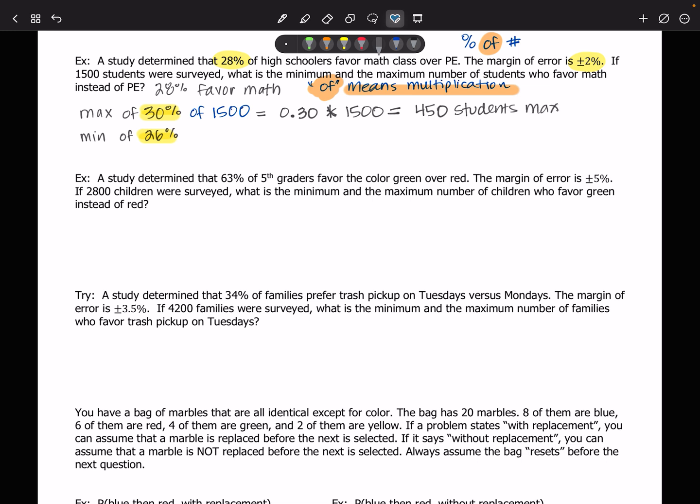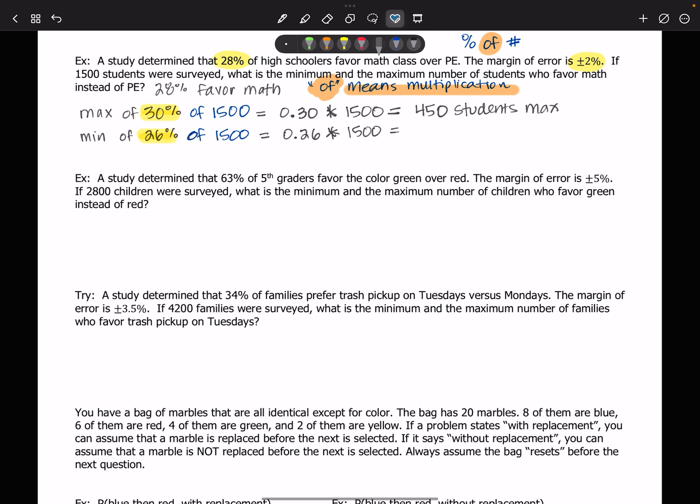Now the minimum is going to be 26%, so 26% of 1,500 would be 0.26. We're going to make that percent a decimal, multiply it by 1,500.